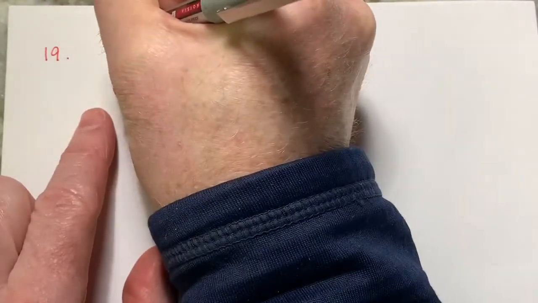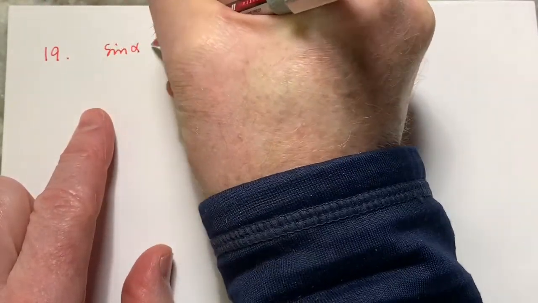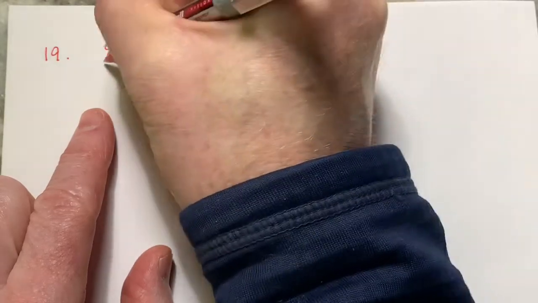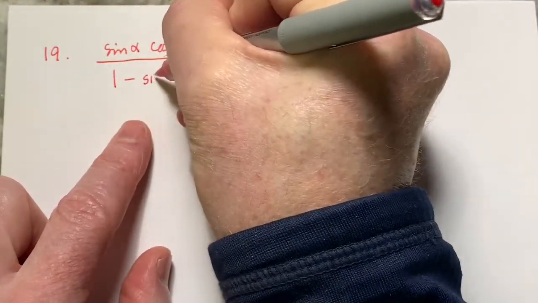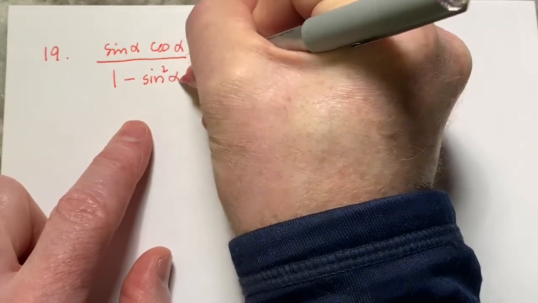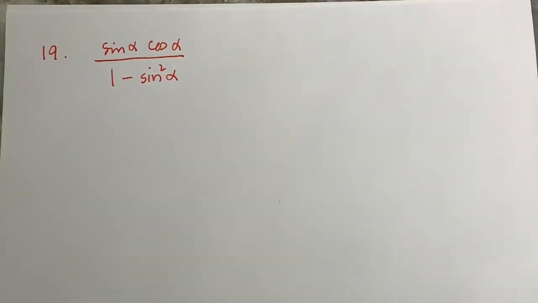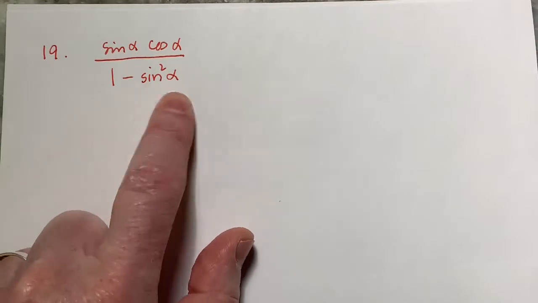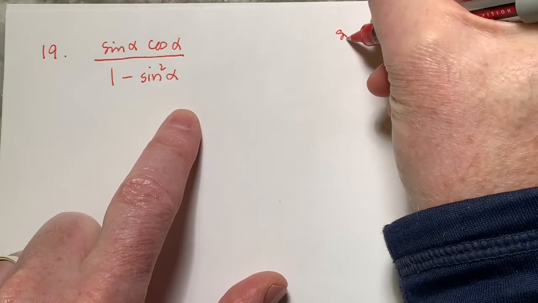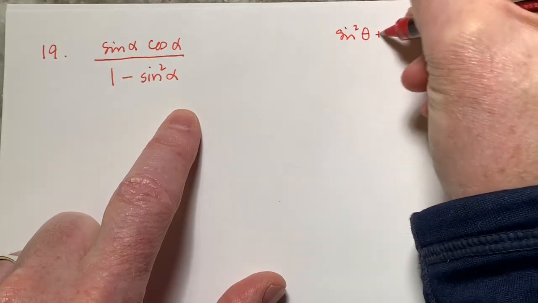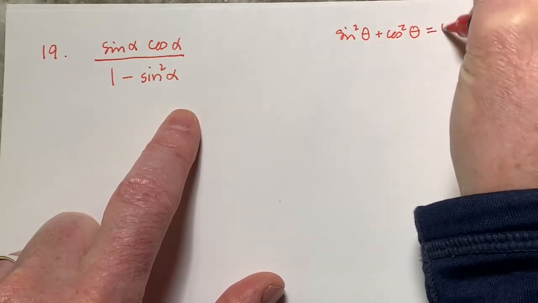Number 19 says we've got sine of angle alpha times cosine of angle alpha, all divided by 1 minus the sine squared of angle alpha. Now, I hope what's jumping into your brain is that denominator. I have a Pythagorean identity: sine squared of theta plus cosine squared of theta equals 1.